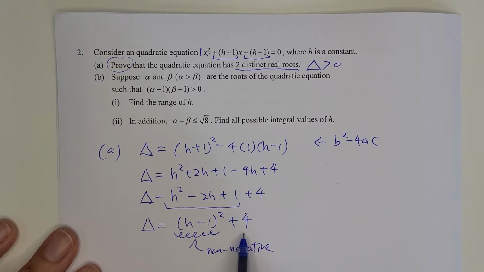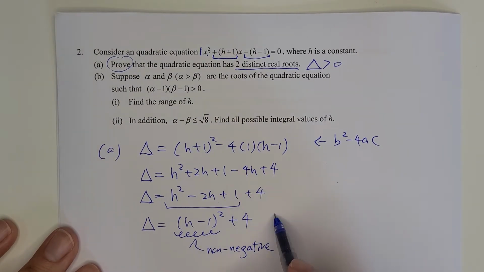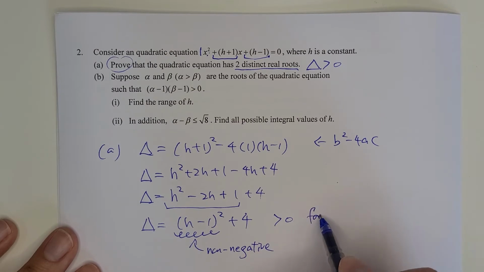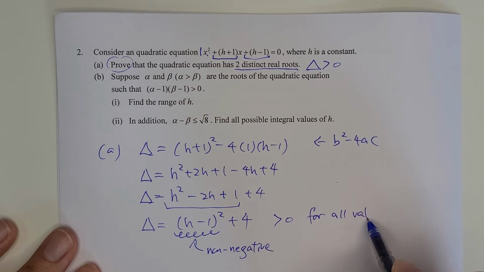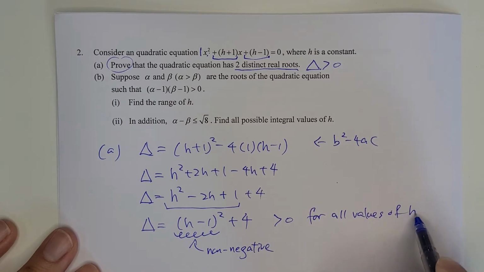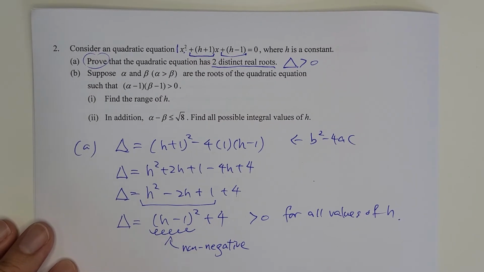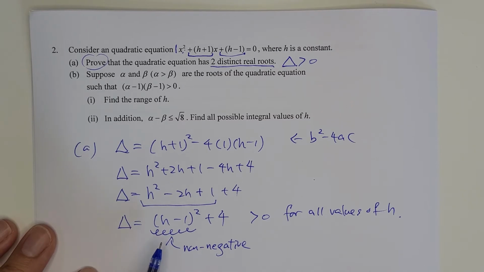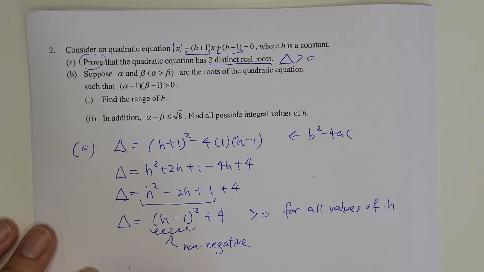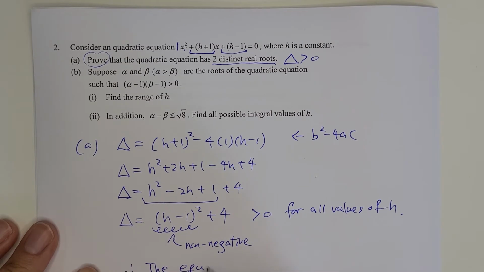And now you add 4 to it, so it must be positive for all values of h. Okay? So you can make the conclusion, no matter what the value of h is, this equation must have two distinct roots.